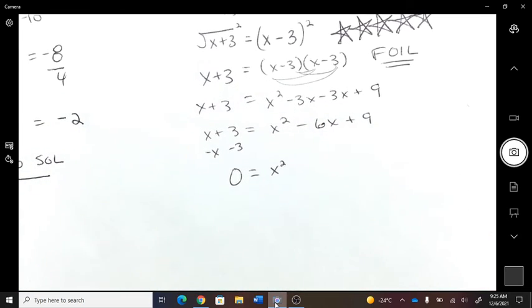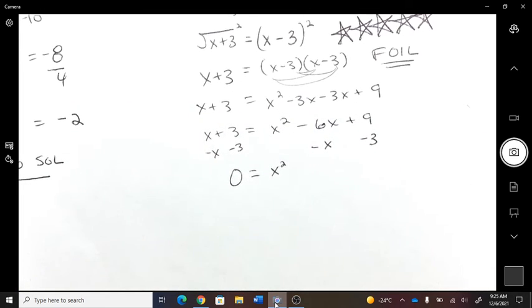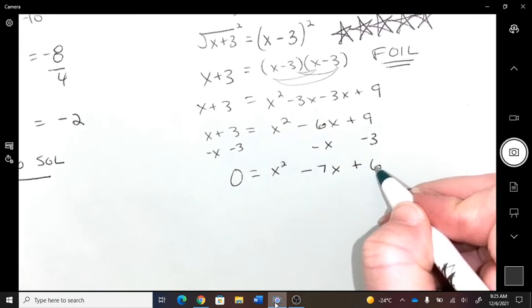So I'm going to keep the x squared and make the other side 0. So I'm going to have to subtract an x and subtract a 3. So -7x plus 6.